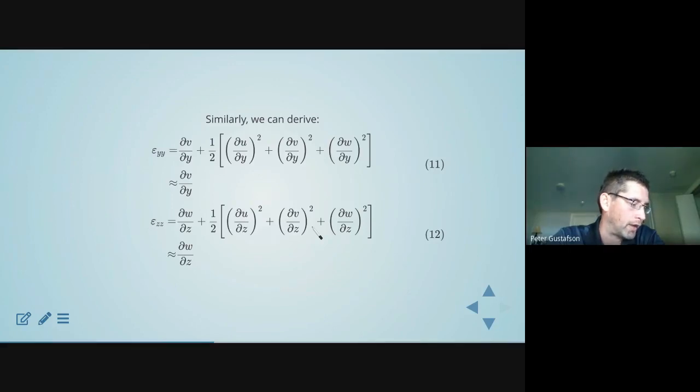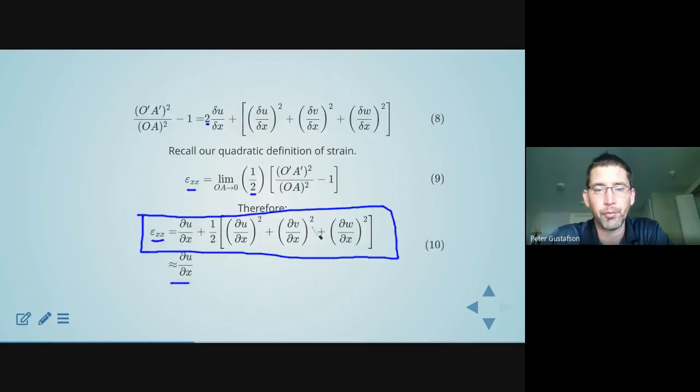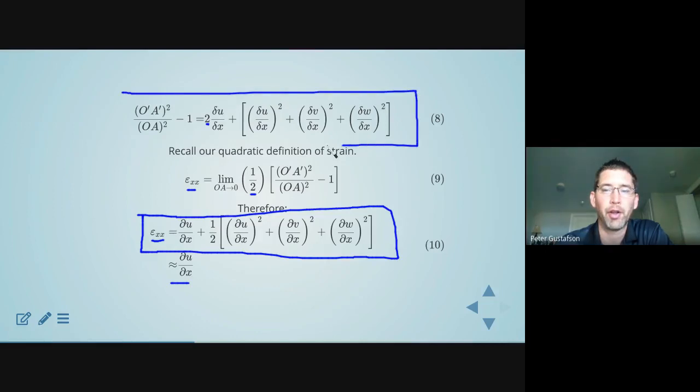Nicole asks, can you explain again why the term with the 1/2 cancels out? So Nicole, we're taking this equation here, and I'm dividing that whole equation by 2.